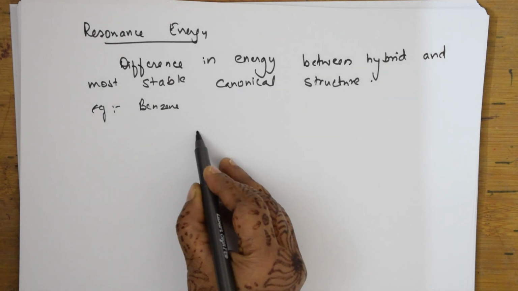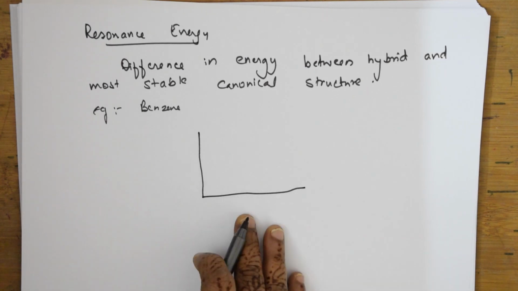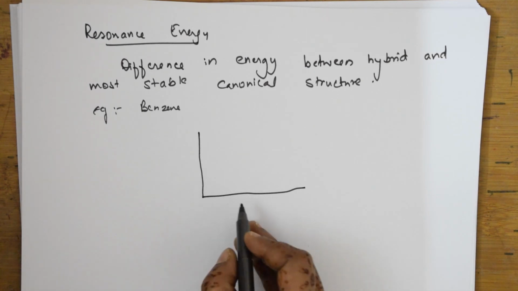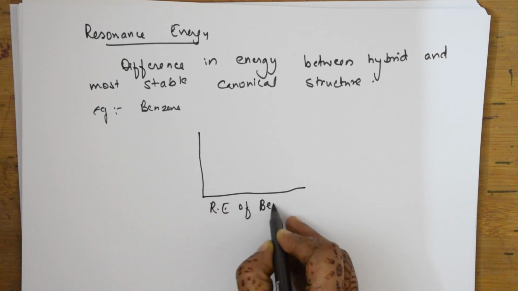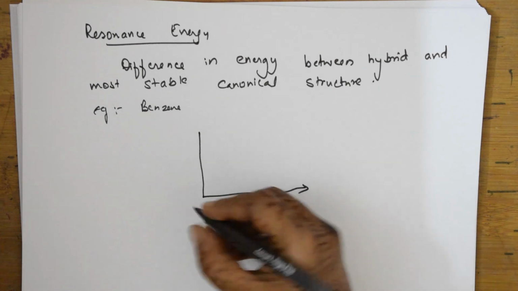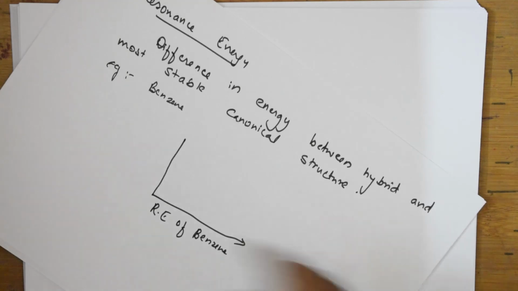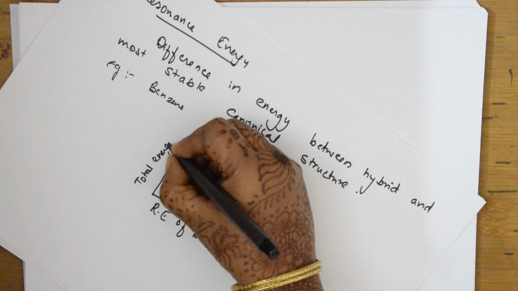Now let us draw one graph related to this. On the y-axis I'm going to take the resonance energy of benzene. Done. On the y-axis I'm going to take total energy of the structure.